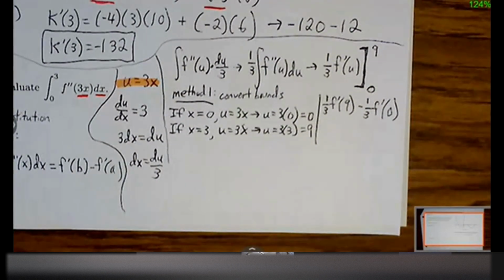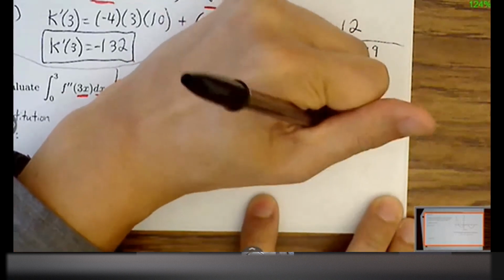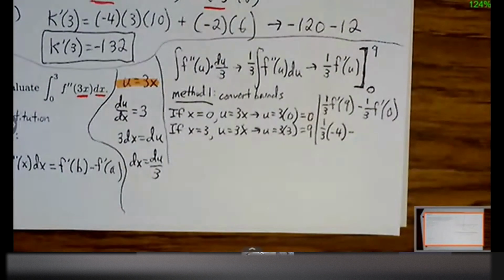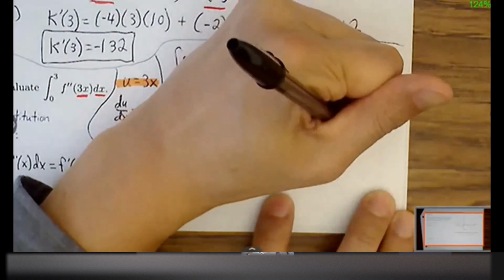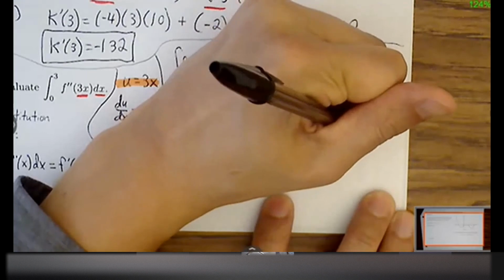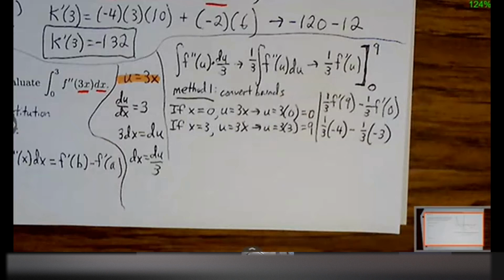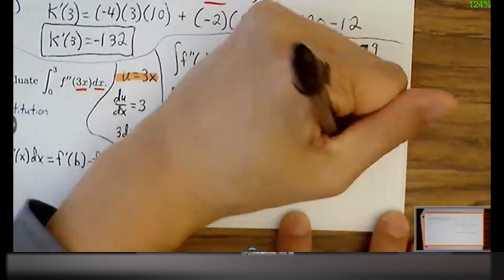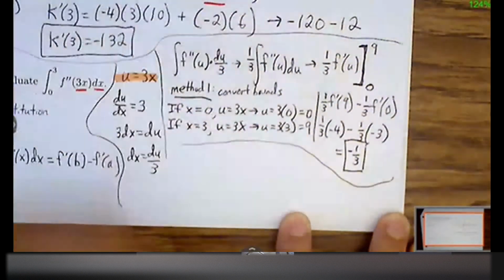F prime of 9 is just -4. F prime of 0 is just -3. So negative 4/3 plus 3/3 is negative 1/3. Okay, so that's one way to do it.